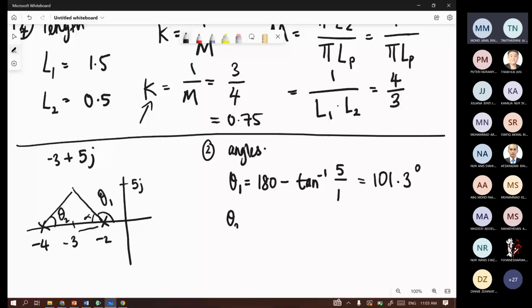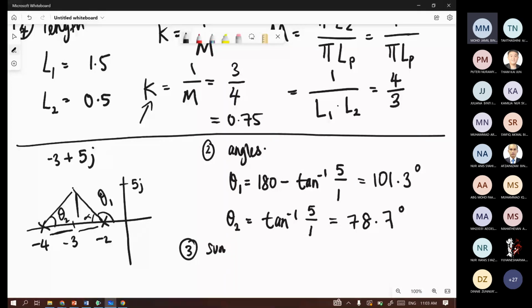And then theta 2 will be tangent inverse of 5 over 1. Okay, so this length and this height. So you get 78.7. And then determine the sum, so minus theta 1 plus theta 2.